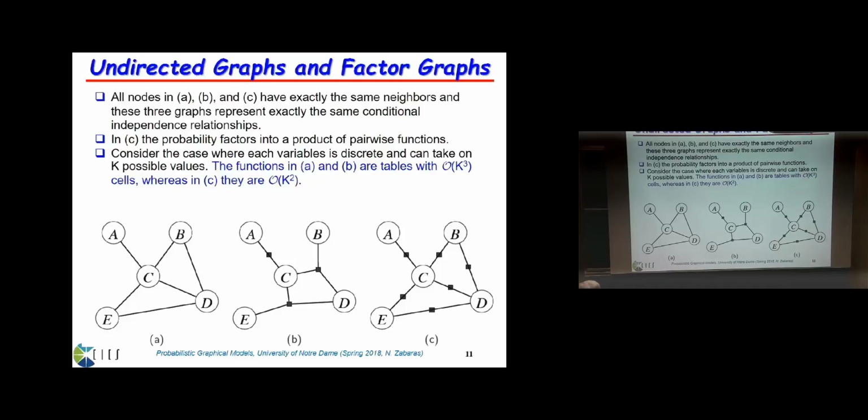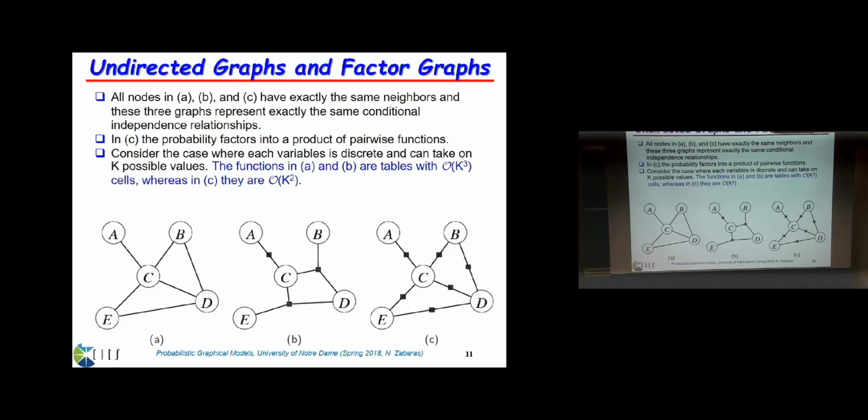All right, so why is this not the best option? When you compare the two, what is different in the two factor graphs? Here, this factor involves how many nodes? 3. So let's say each of these variables has k values, so it's k cubed complexity. Each factor here involves how many nodes? 2, so the complexity is k squared.